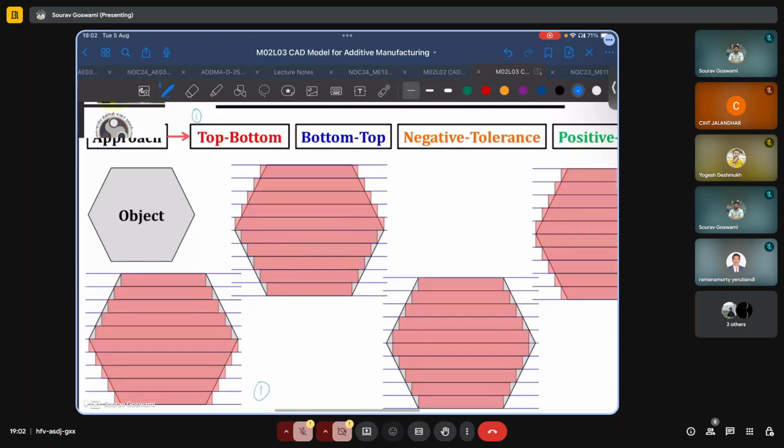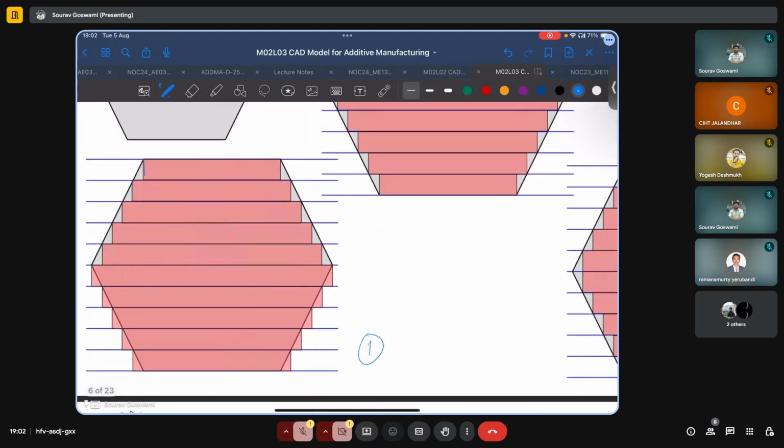So this is the projection for the first layer. This is the projection for the second layer, which is the intersection of this cutting plane with the solid, and so on, until we come to this equator. Now what we see is that when we are projecting the contour downwards, now we are over depositing.